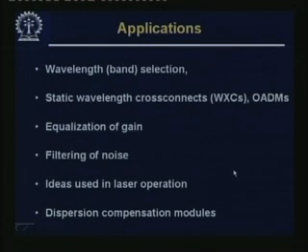Applications could be particular wavelength or a particular wave band selection. A wave band is nothing but some contiguous operating wavelengths which are all side by side. If you remember, in an operating window, whether that is 1550 or whatever window you are using, you can have a number of lambdas all side by side.